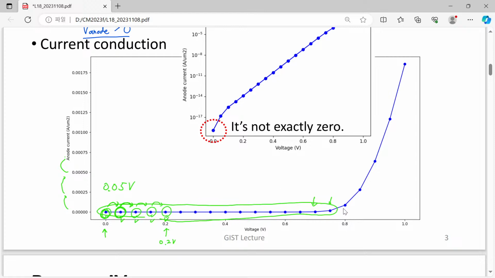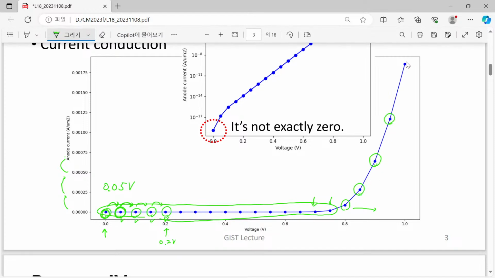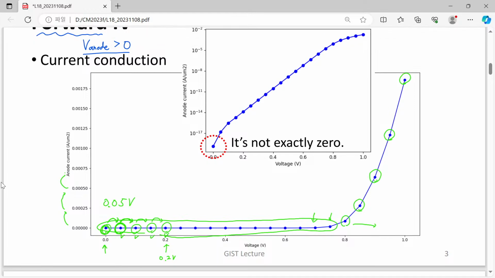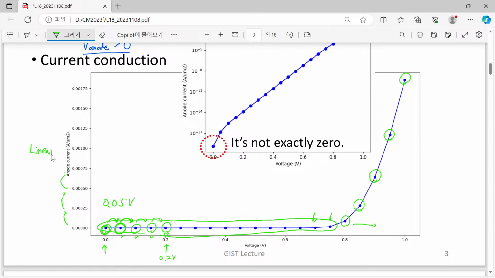However, when you go to this bias condition or beyond, you can immediately understand the current is no longer negligible and quite conductive behavior is observed. This is the typical linear scale, where the current is written in linear scale and the voltage is also drawn in linear scale.